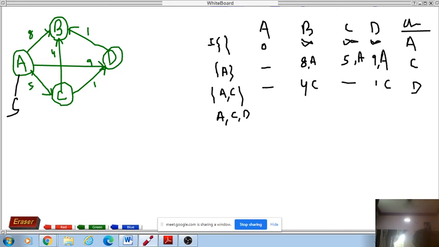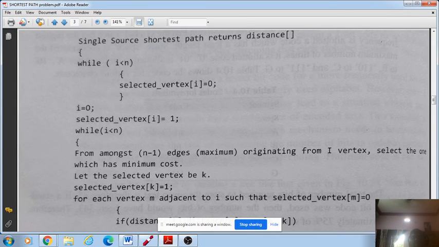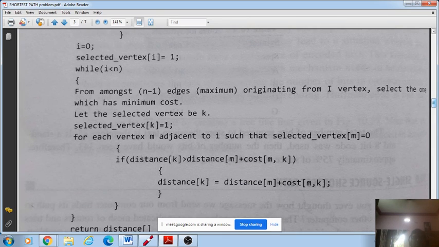We are using this formula, but the actual formula will be changed. You have to add the distance; if it is greater than infinity, we have to add, but we are not doing that. The algorithm says: select n minus 1 edges, from the source vertex select the one with minimum cost. Let the selected vertex be k.